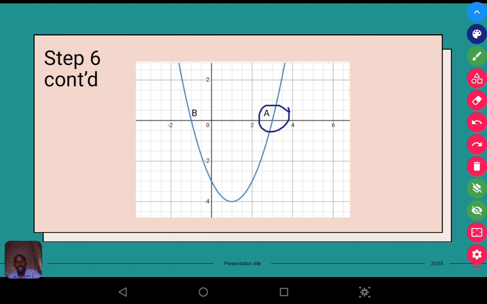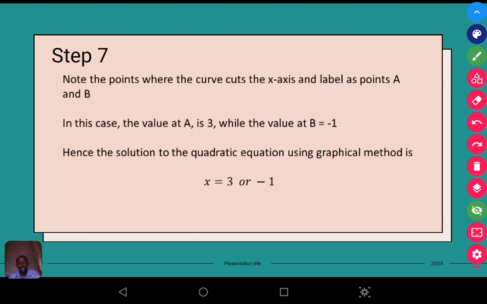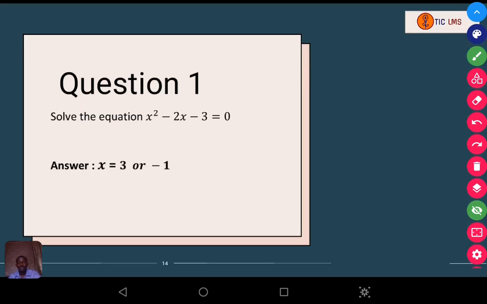In this case, here you have 3, and there you have negative 1. Now I'm pleased to inform you that you've successfully gotten the roots of that quadratic equation using graphical method. So that is x equals 3 or negative 1. So that is the answer.